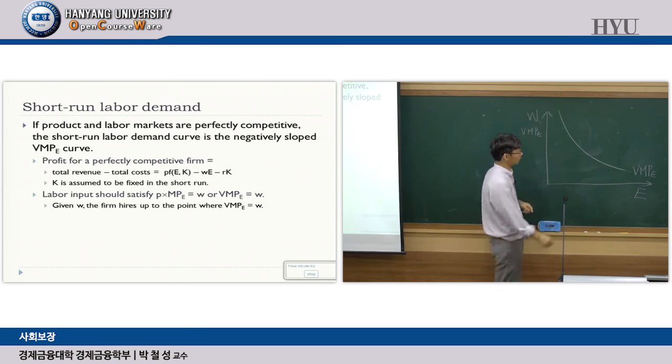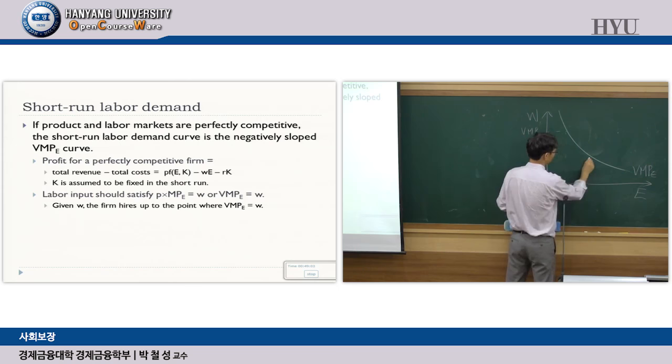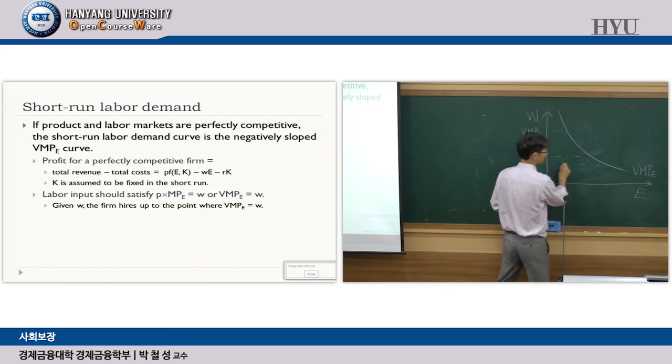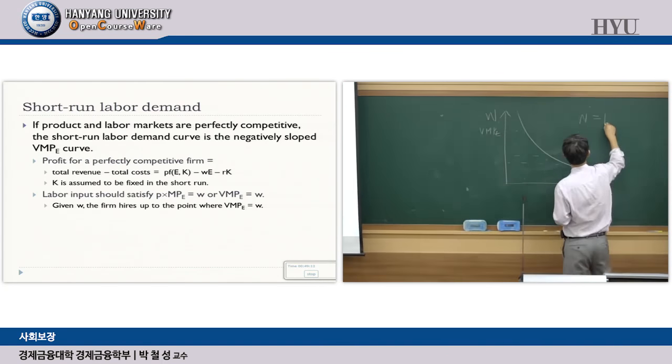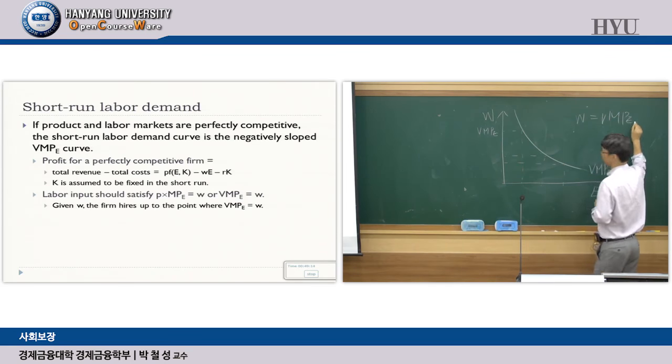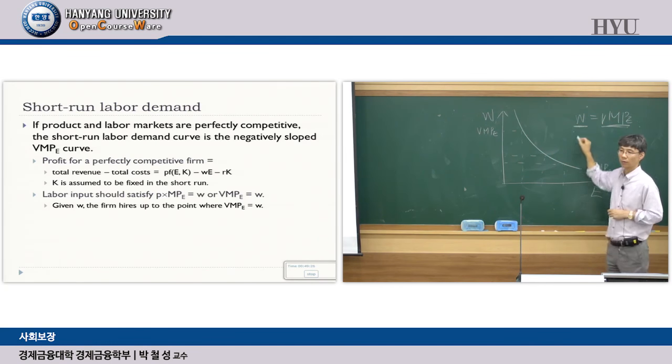It basically tells us that if the labor input is small, then the value of marginal product of labor is pretty high. And if the labor input increases, then the value of marginal product of labor is going to be smaller. And then what the profit maximization rule tells us is that the optimal labor input, the best quantity of labor input, is just to make the VMP equal to W.